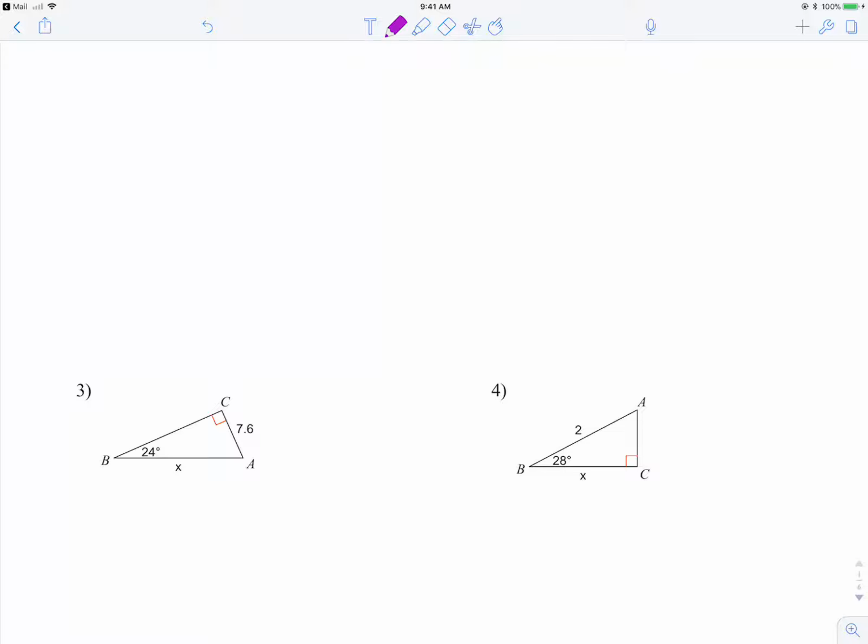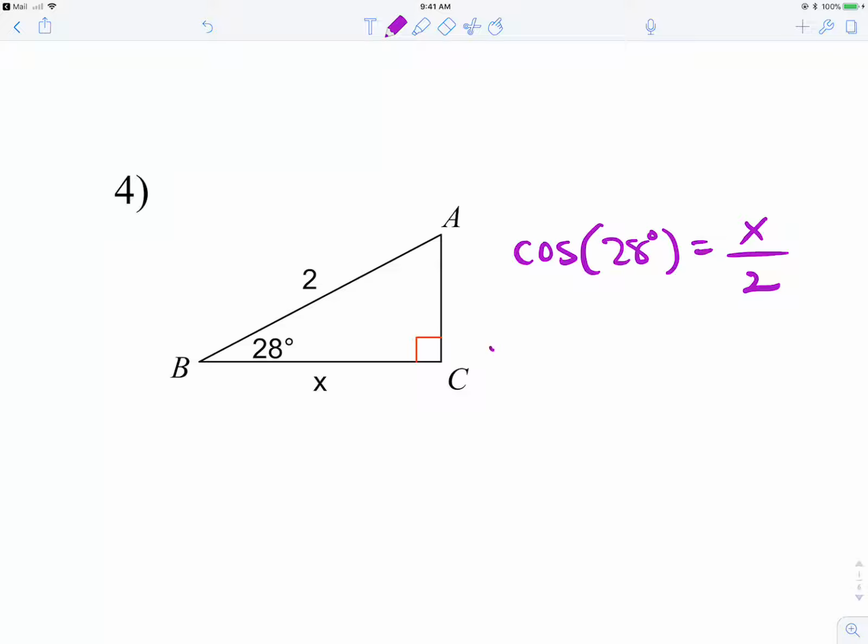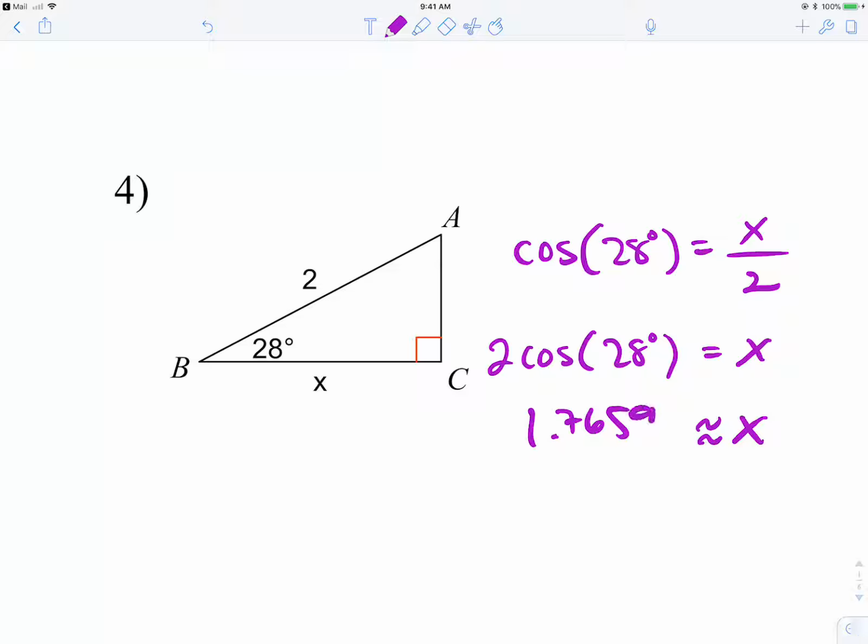Multiplying by 2 on each side of the equation, we have 2 times the cosine of 28 degrees is equal to x. So x is approximately 1.7659.